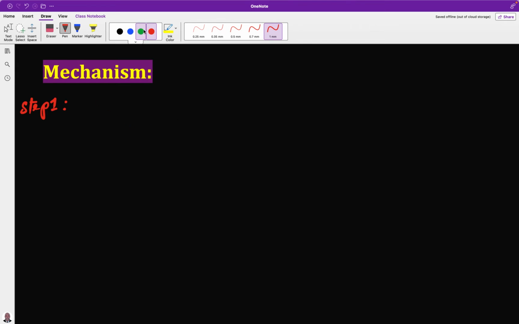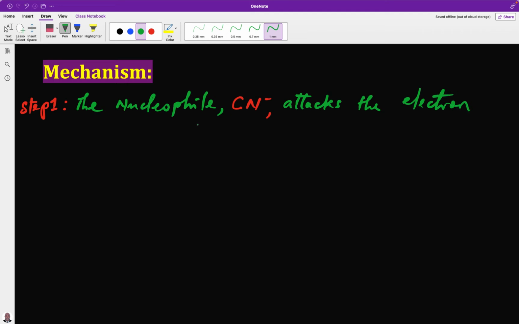The nucleophile, which is the cyanide ion, attacks the electron deficient carbon, or we'll call it the partial positive carbon.